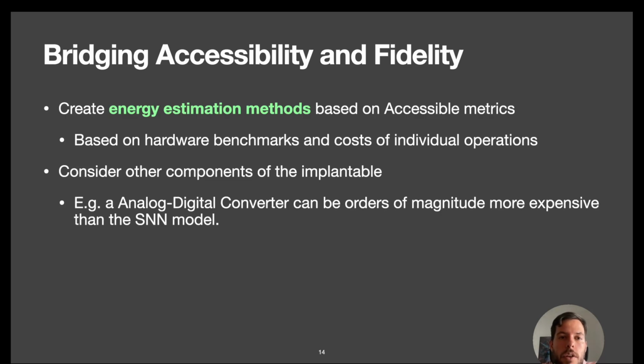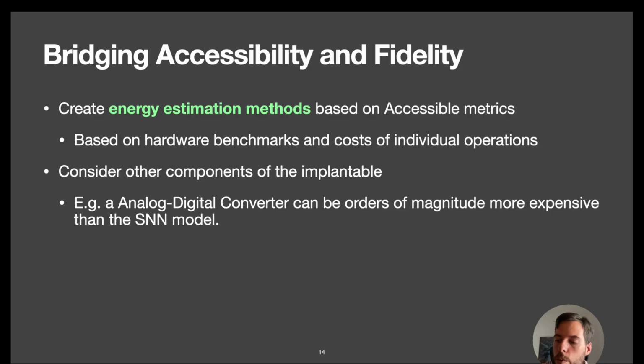For the first one, for bridging accessibility and fidelity, we suggest a potential research avenue could be creating energy estimation methods based on accessible metrics. So basically, by bridging together the experience from the hardware designer and from the software or the SNN developers, we can create estimates on how much energy an SNN would take based on the accessible metrics.